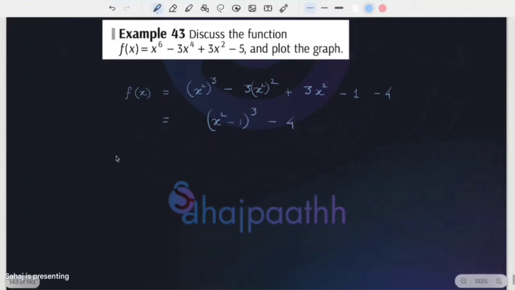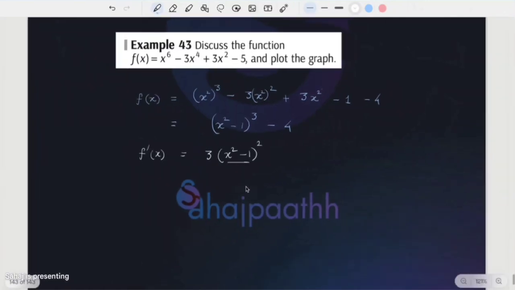We did this because now it's very easy to take a derivative. It will be 3 times x squared minus 1 to the power 2, minus 0. Now you have to use the chain rule because this thing is not x. So you take the derivative of this, 2x. And you see where the maxima and minima occur.